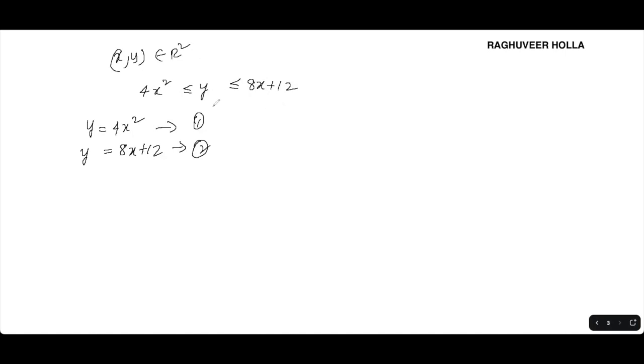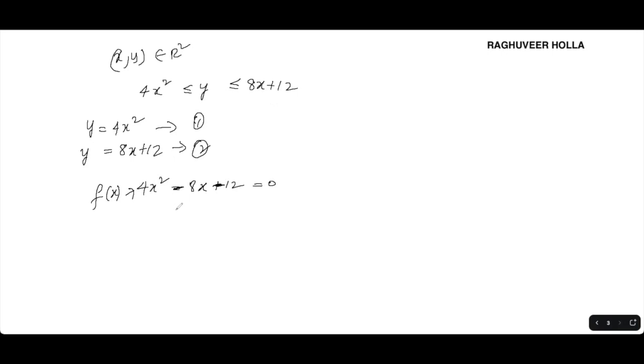If you look at this, y is common for both. So 4x² = 8x + 12, or 4x² − 8x − 12 = 0, this is your f(x).